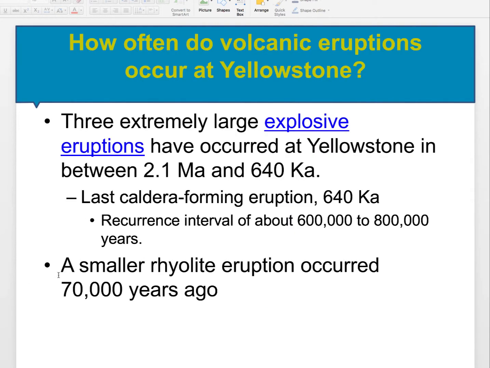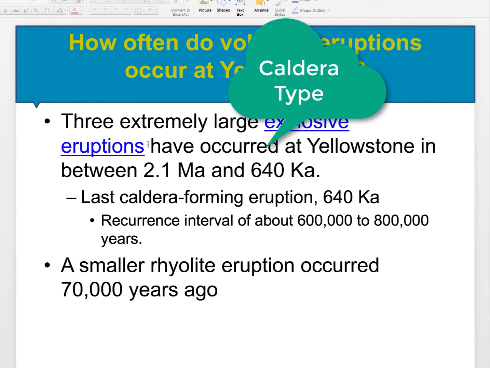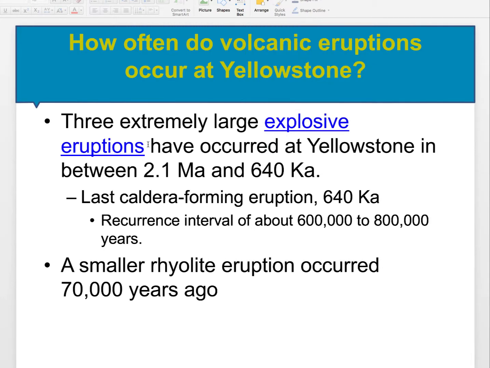When we look at how often Yellowstone erupts, we see that there were 3 extremely large explosive eruptions, and these are caldera type eruptions where you're erupting 600,000 cubic miles or more. In fact, they're called supervolcanoes.